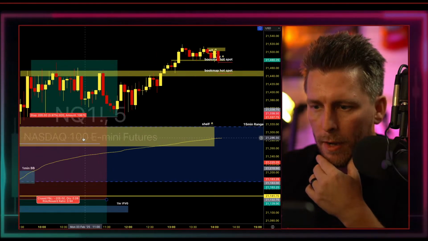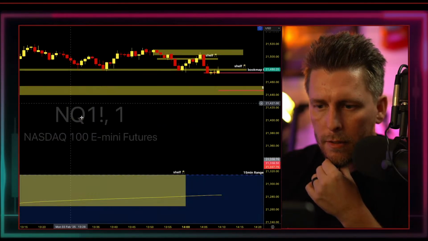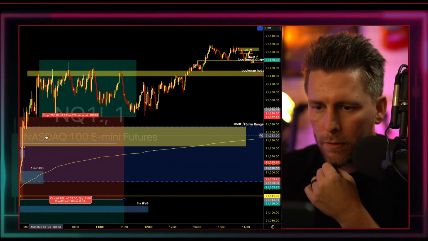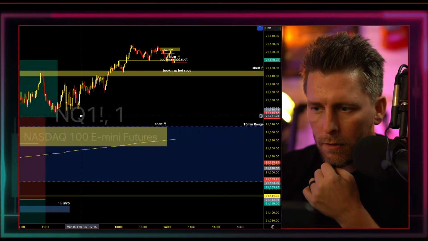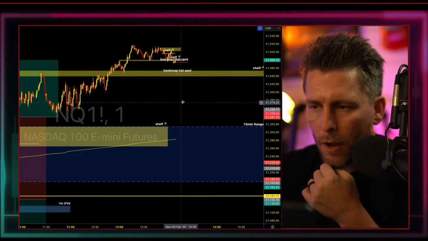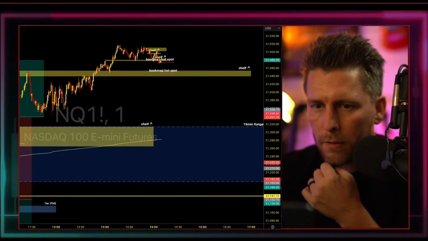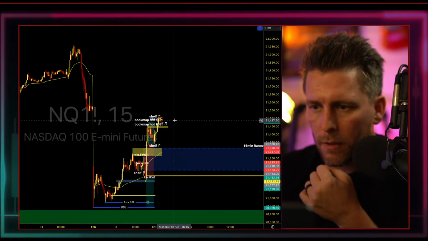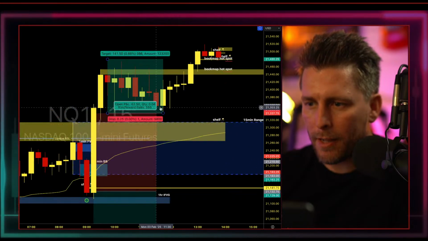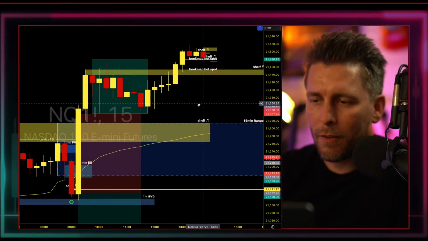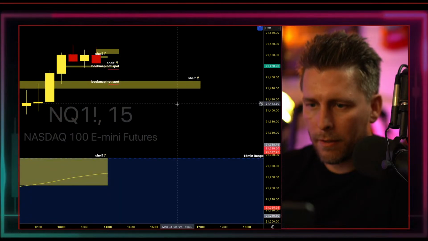I don't know where my hotspot went. I guess it's just too small. Where'd it go? Oh, that's up here. Hold on. I'm tripping. That's higher. Whoops. The 15-minute hotspot is up here. Right there. 15-minute shelf is up here. Yeah, I messed up. I was looking at this one.